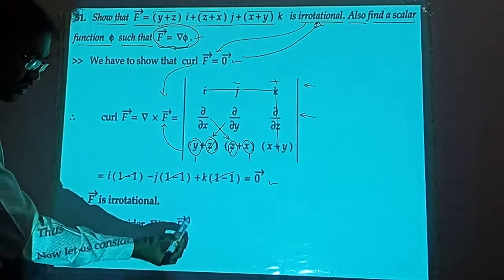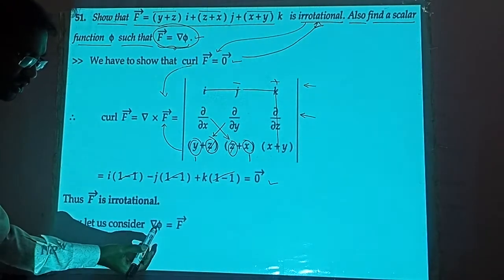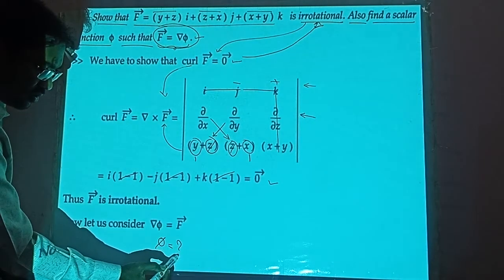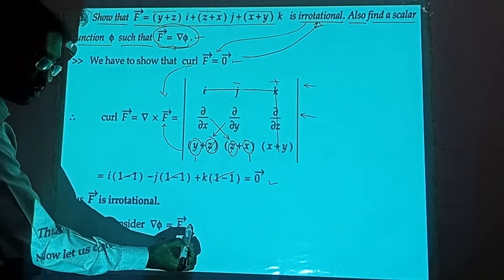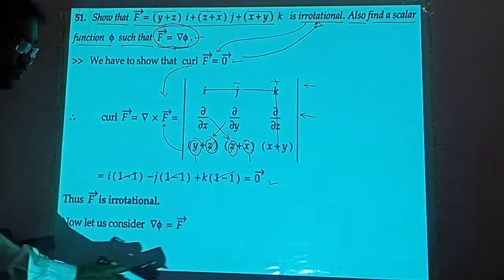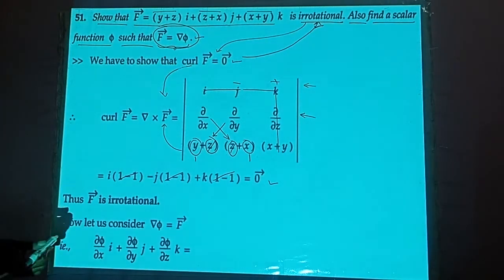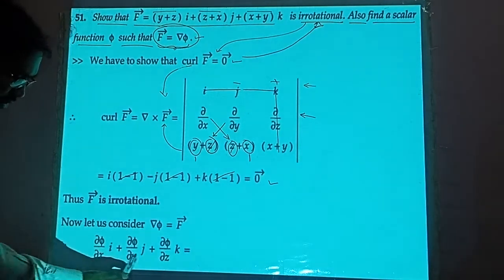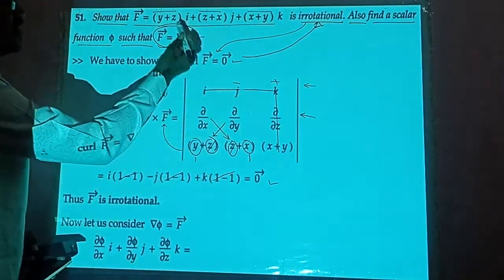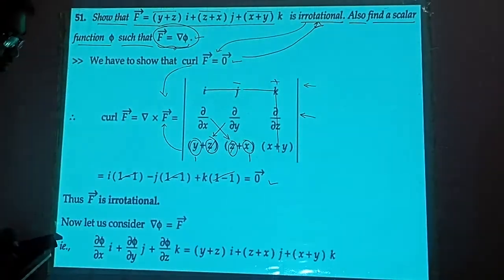We need to consider this condition and find what is phi. We are going to find phi which satisfies this condition. Del phi is given by this expression. Del phi is equal to f. F is the given vector.